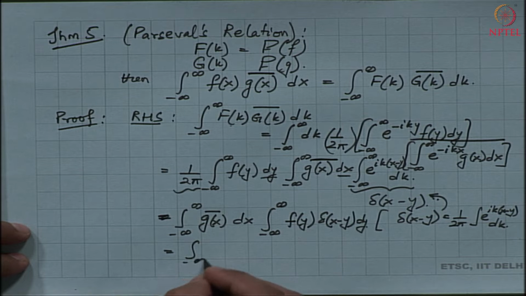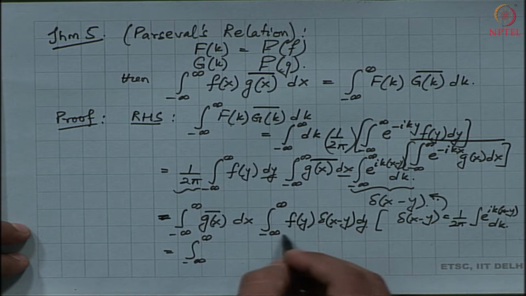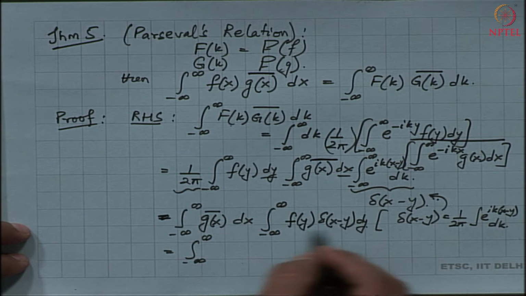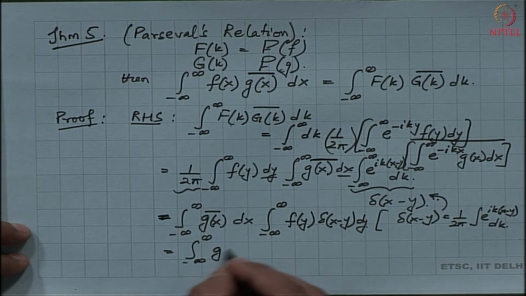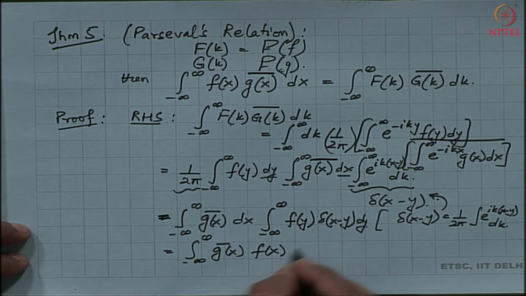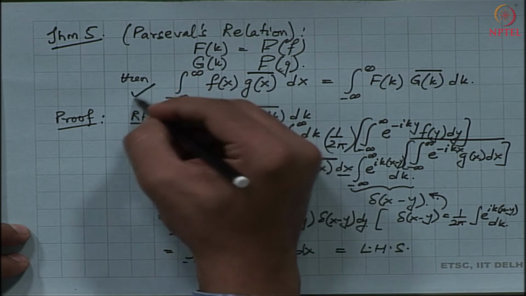Now, this interior integral, since it is multiplied with a delta function, gives just one value, that is f evaluated at x. So, finally, I am left with the following result: g bar x f of x dx, and that is the left hand side of my Parseval's relation here.